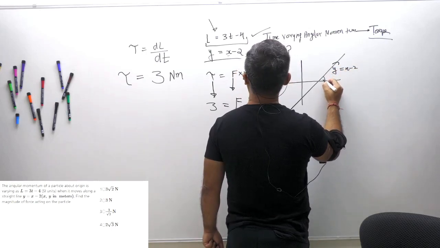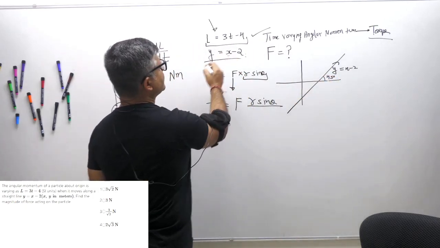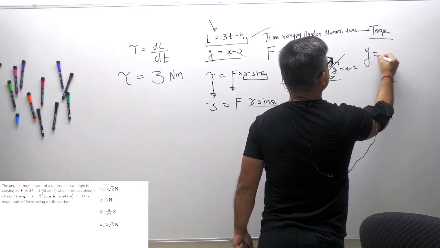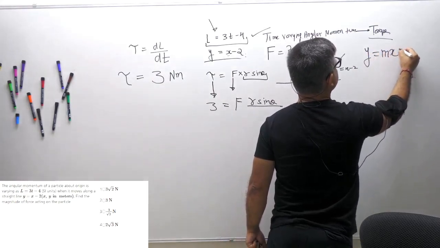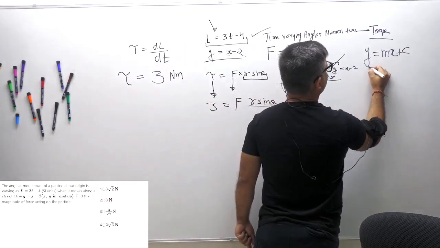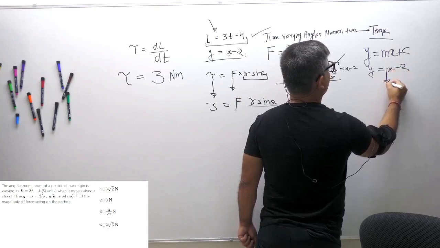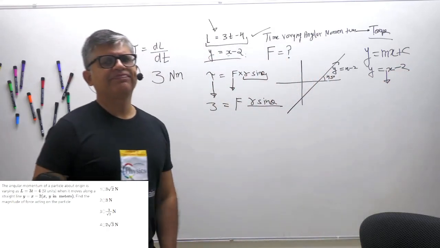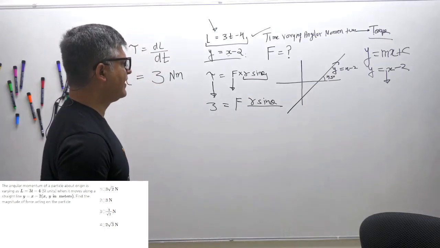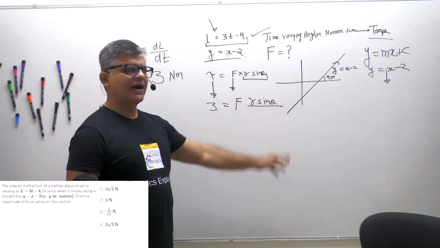This is my 45-degree angle, because the slope, from y is equal to mx plus c, is 1. So tan theta is equal to 1 and theta is equal to 45 degrees. At least I have some angle with me now when I look into r sine theta.